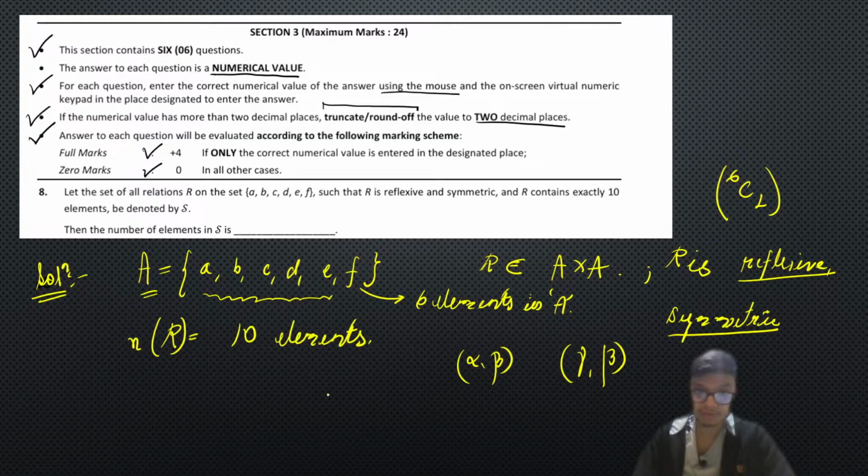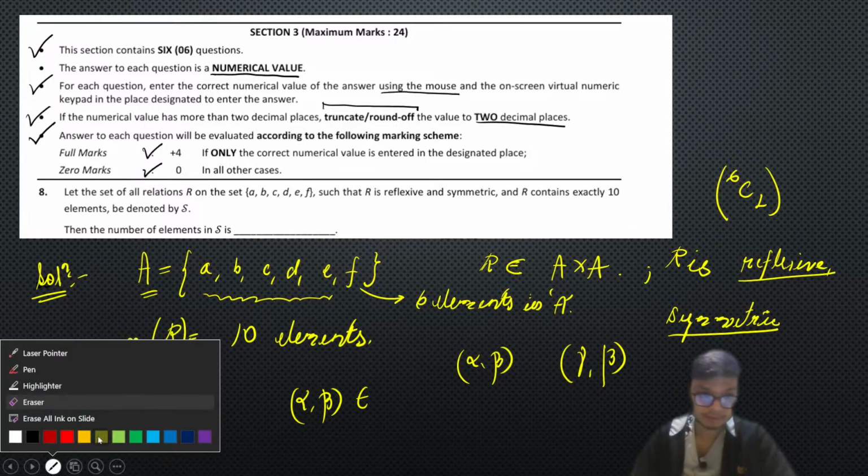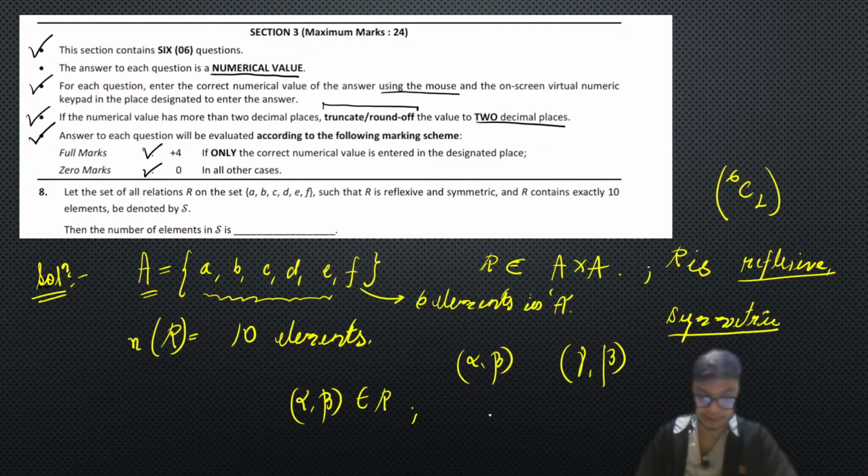Such that if alpha comma beta belongs to the relation, and gamma comma beta also belongs to the relation, then for symmetricity, beta comma alpha should also belong to the relation, and beta comma gamma should also belong to the relation.